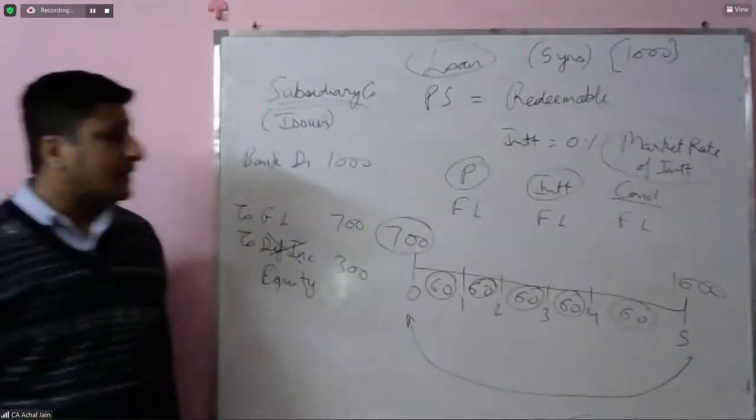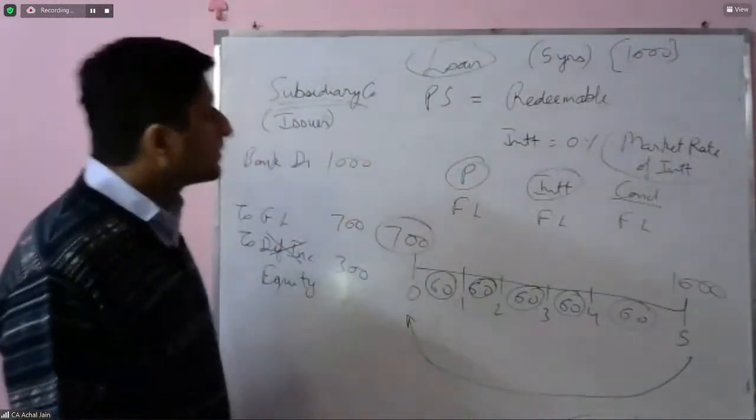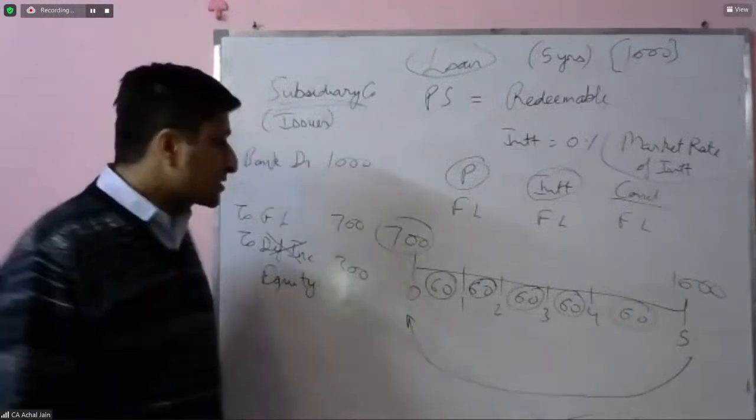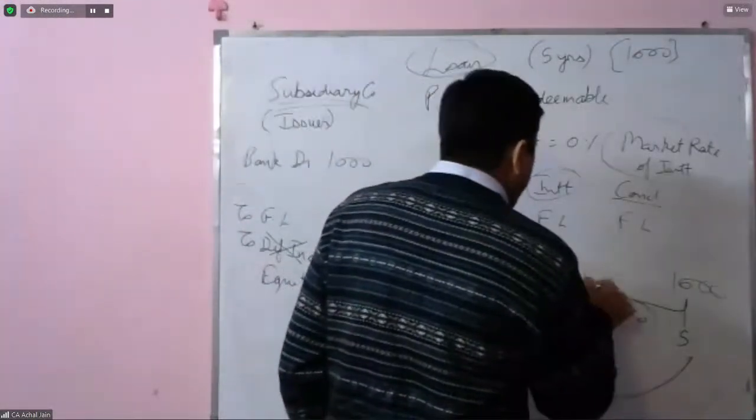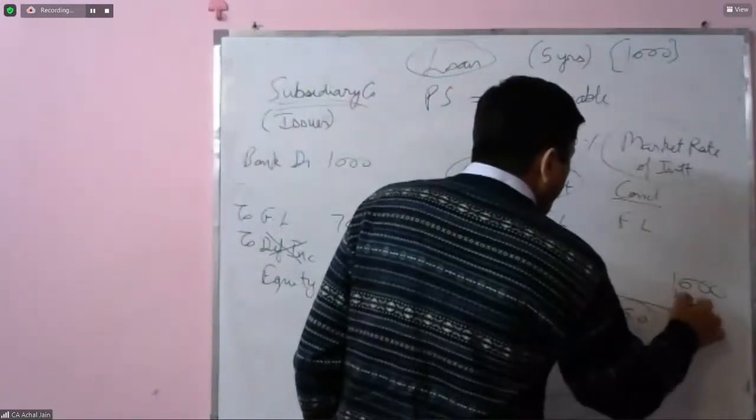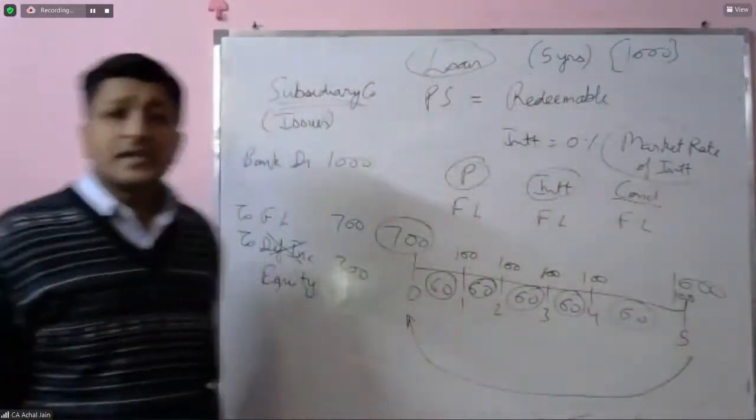Let's suppose the market rate of interest was 10%. So this becomes 100. So every year 100 should have been paid by the subsidiary to the holding.